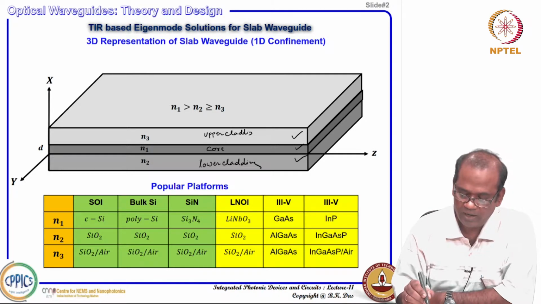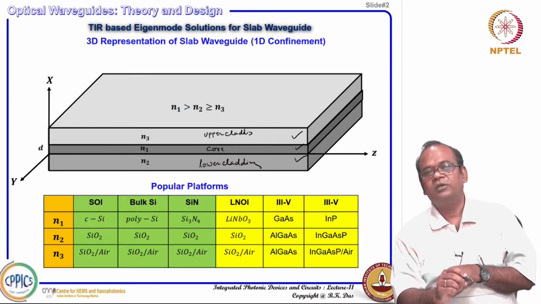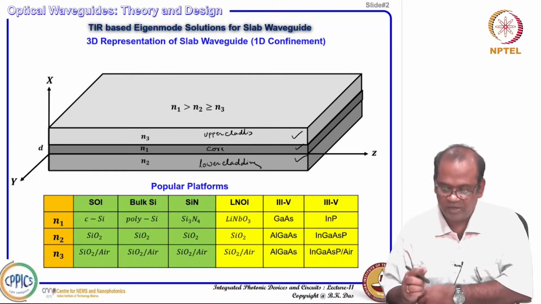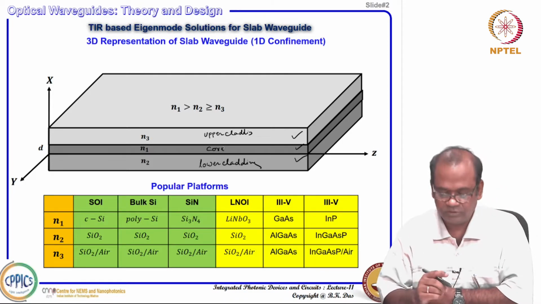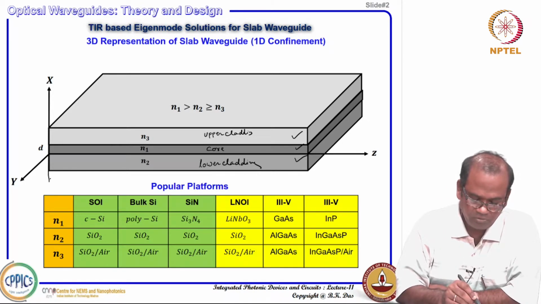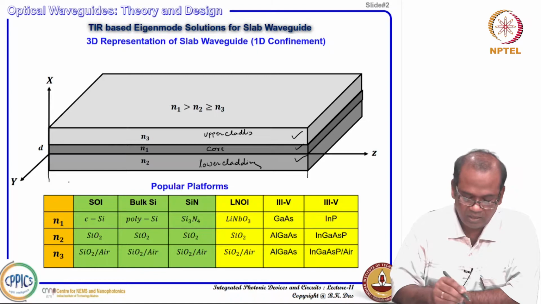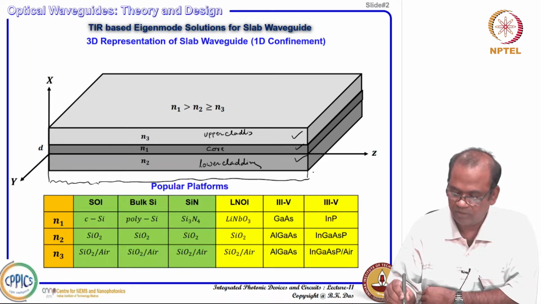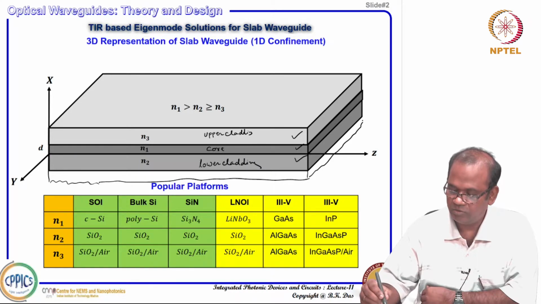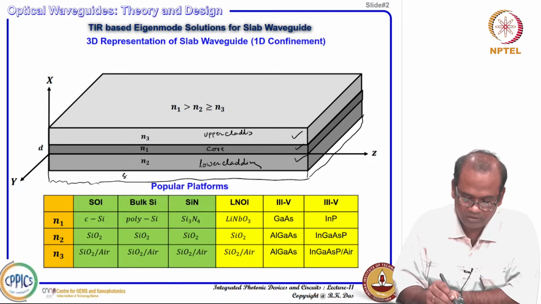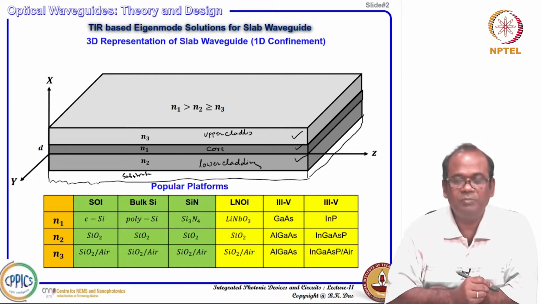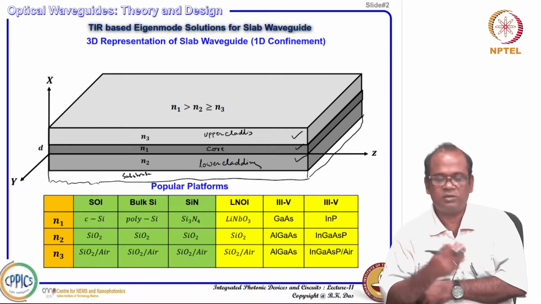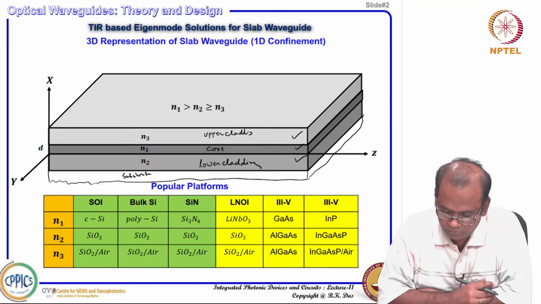So, this bottom cladding, core, and upper cladding can be a suitable choice of material and suitable thickness. And in the bottom you can have your handling substrate. Typically that substrate is on the order of 1 millimeter thickness, sometimes 500 micrometer and so on.